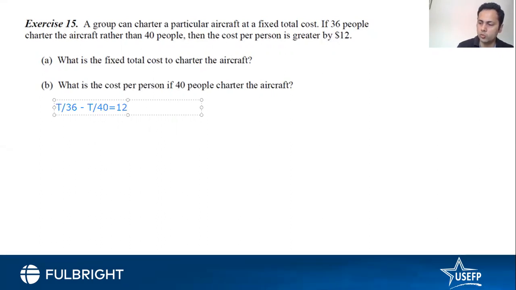So if you solve this equation, the answer comes out to be 4320.